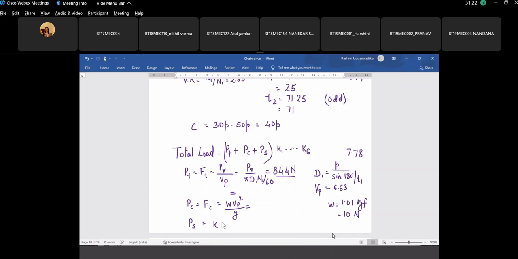So assuming horizontal, the value of K becomes 6. Depending upon the angle, this sag would vary. W is the weight per unit distance and C is the center distance. Center distance, we have taken 40 times pitch. 44 and 45, this is PC, right? Atharva, this is PC.